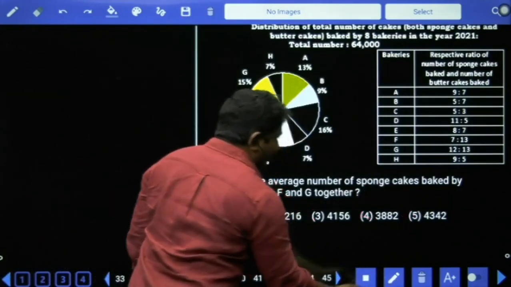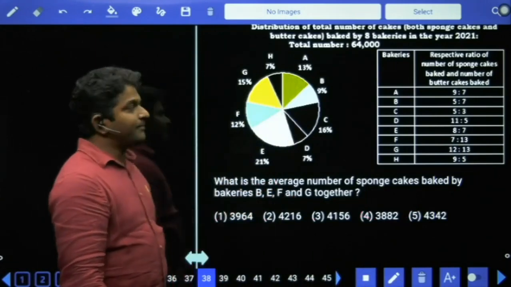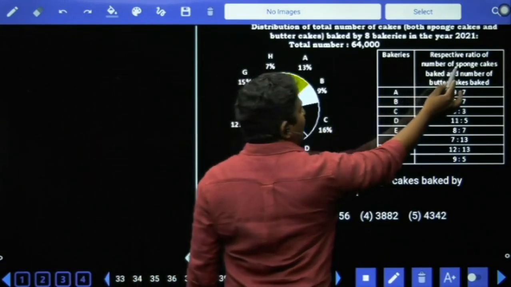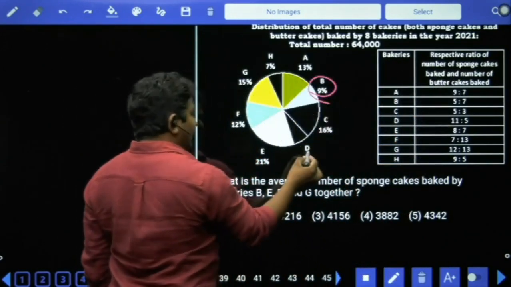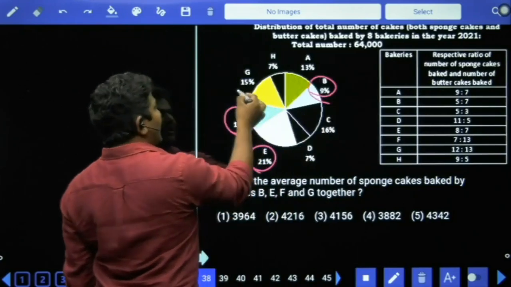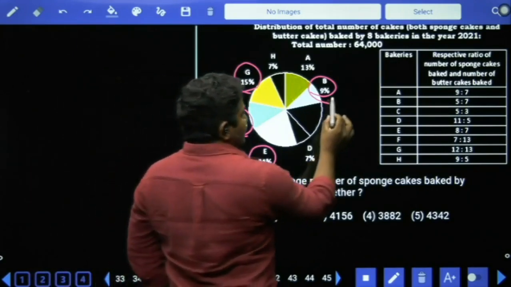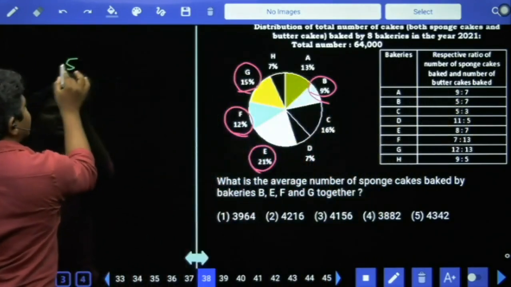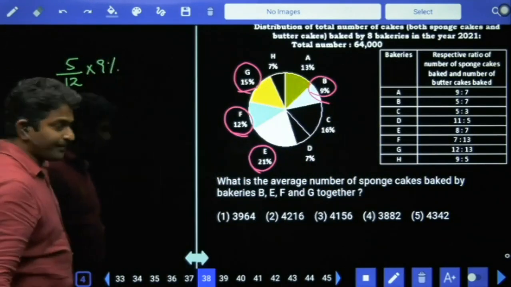What is the average number of sponge cakes baked by bakery B, E, F and then G? Now, this is about sponge cakes. Sponge cakes is the first one only. B, E, F and G. You are asked to calculate the average. So 9%. Sponge cakes are 5 parts out of 12 parts among 9%.